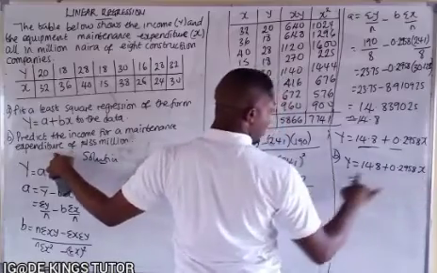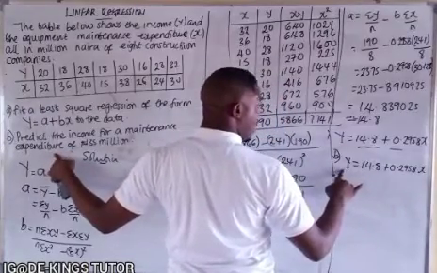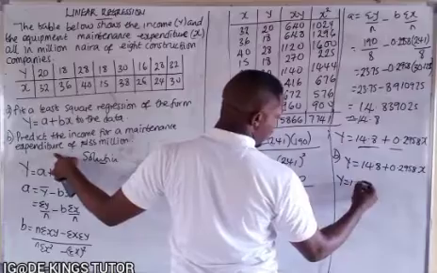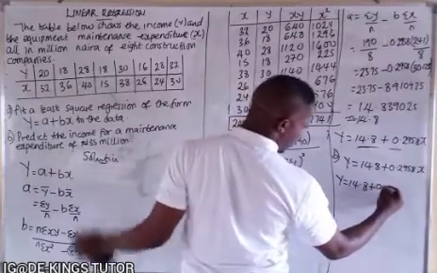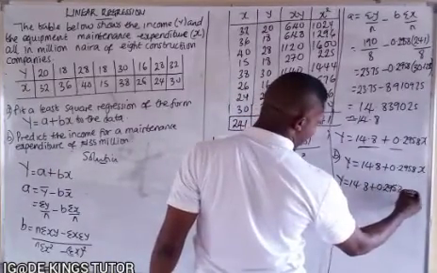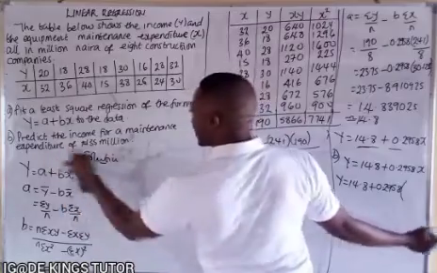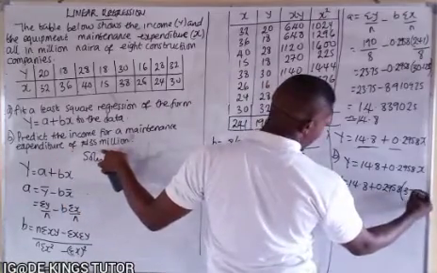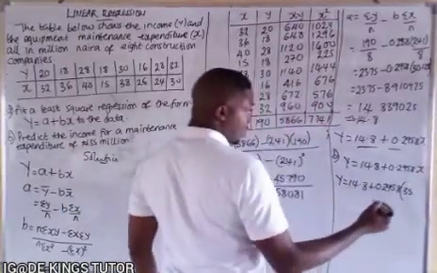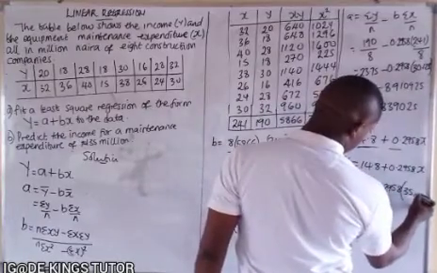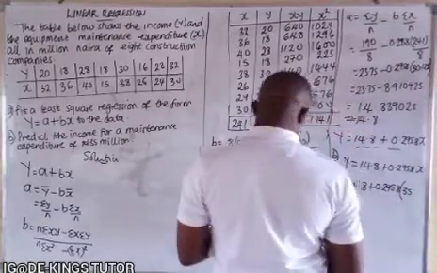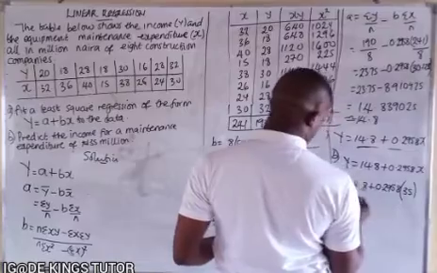We are going to substitute it here so that we can know our Y as income. So now I have Y is equal to 14.8 plus 0.2958 times 35.